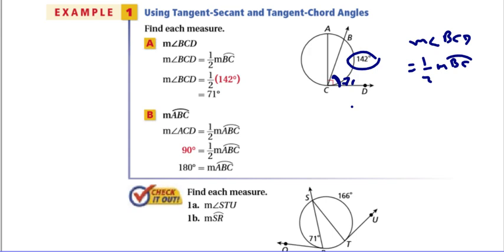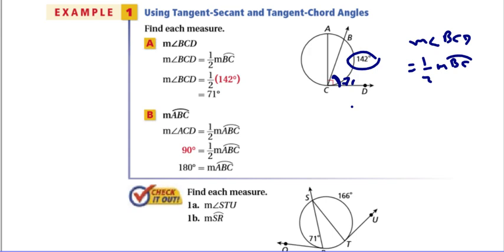Measure of arc ABC. This arc ABC is opposite angle ACD. Angle ACD equals half arc ABC.